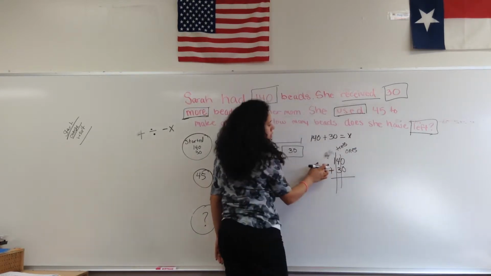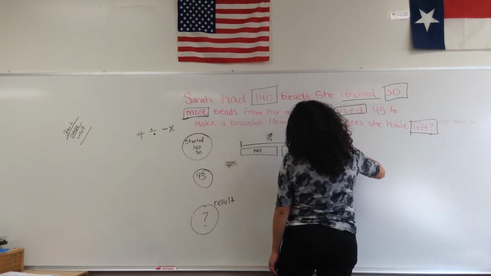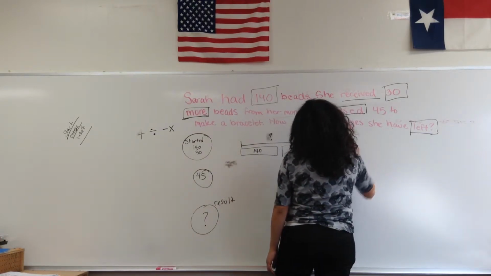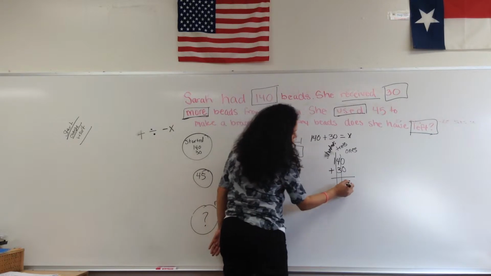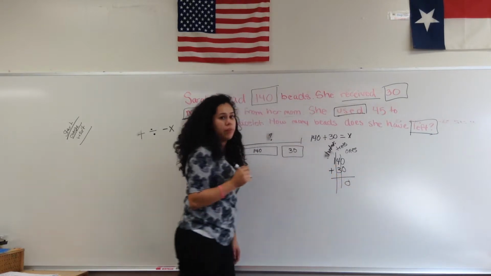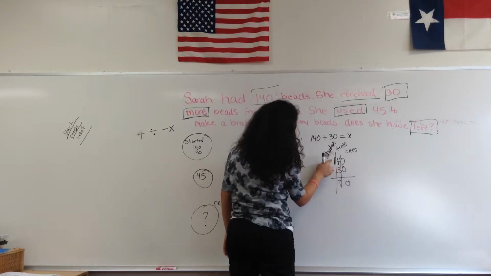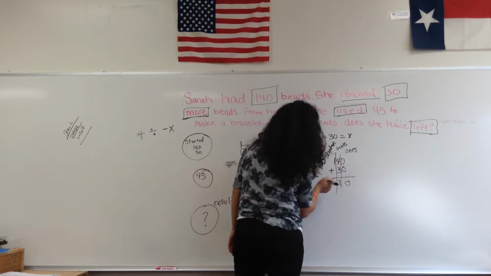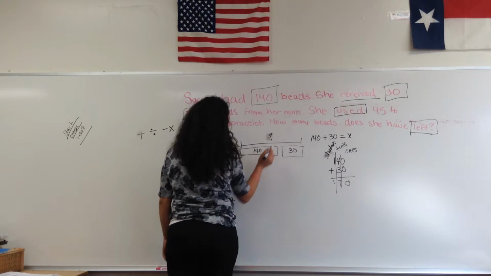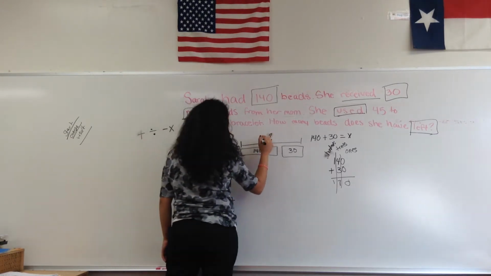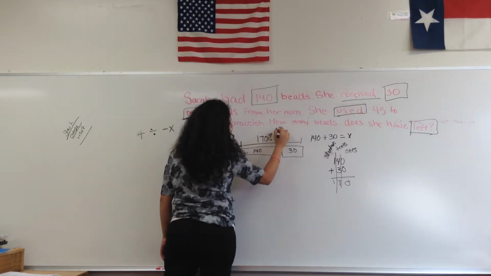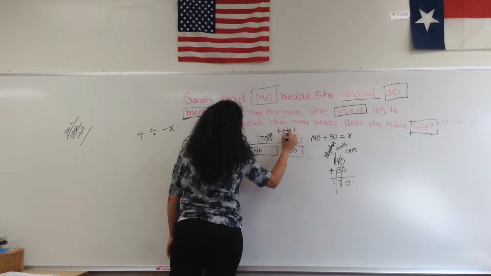And the 1 is in the hundredths place. Okay? So 0 plus 0 is 0. 4 plus 3 is 7. And the 1, you bring it down, so 1 plus 0 is 1. So now we know she has 170 beads in total. That's how many she has now. She has 170 now.